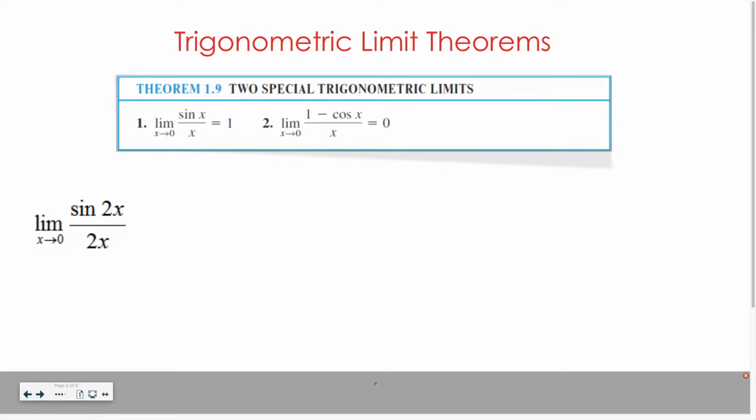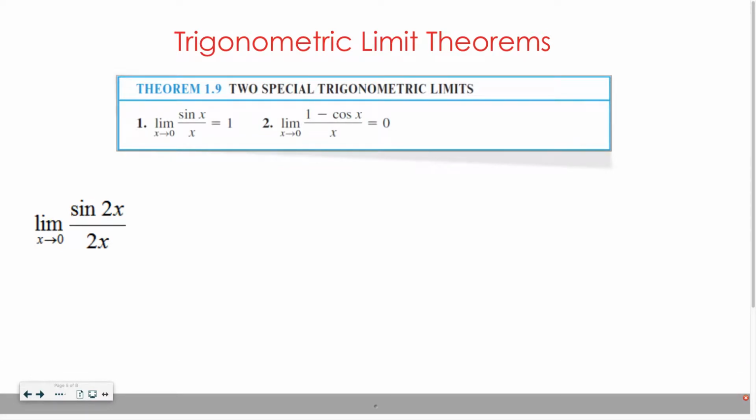So if we have the limit as x approaches 0 of sine of 2x over 2x, since our angle matches the denominator, we can still apply this theorem and our limit is 1.